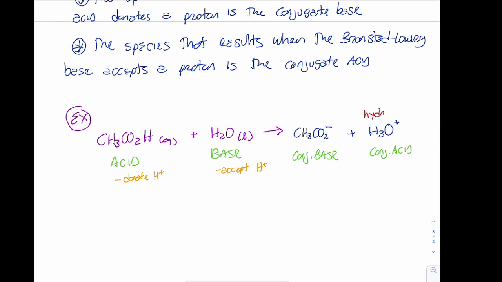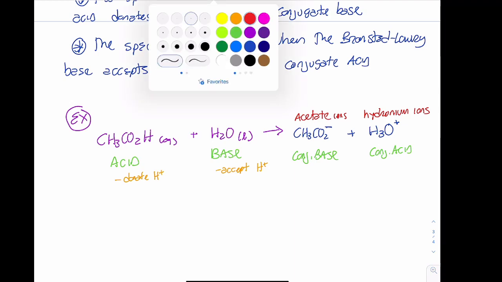Hydronium, it was also on the list of polyatomic ions that you needed to learn in 150, 151, acetate ions. Oftentimes I'll just say acetate or hydronium and leave the word ion off of it, but they are charged, they are polyatomic ions. Okay, let's do one more like this.